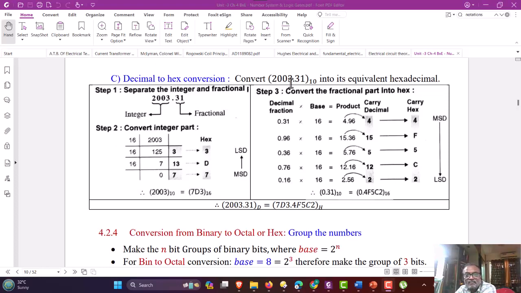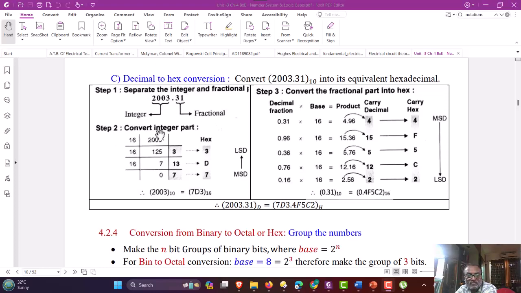Again, if the number is given as a combination of integer value and fractional value, then the integer value and fractional value will be separately converted, and then the converted integer and fractional values will be combined. So here the decimal integer value given is 2003 and the fractional value is 0.31.